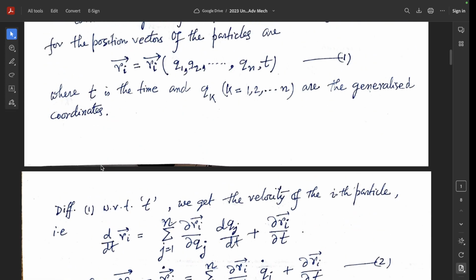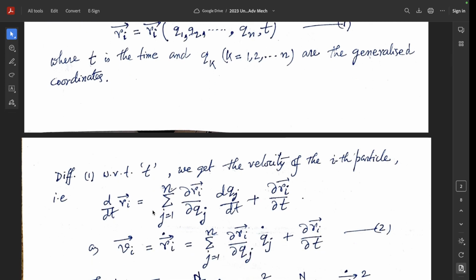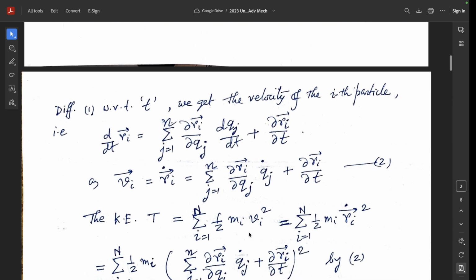Differentiating equation 1 with respect to t, we get the velocity of the i-th particle: d r_i vector by dt equals summation over j equals 1 to n of del r_i vector by del q_j into q_j dot, plus del r_i vector by del t. Therefore v_i vector, that is r_i dot vector, equals summation over j equals 1 to n of del r_i vector by del q_j times q_j dot, plus del r_i vector by del t.